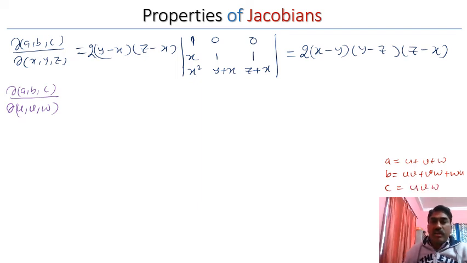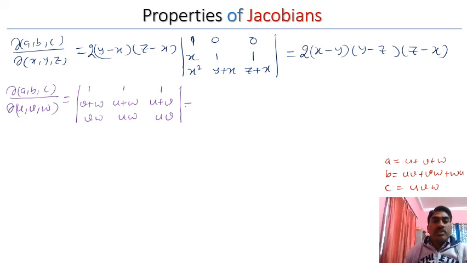So we will find this: del a by del u is 1, and again 1 and again 1. Then del b by del u is v plus w, then u plus w, then u plus v, and del c by del u is vw, then similarly uw and uv.